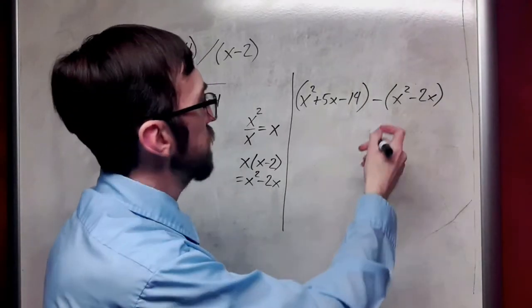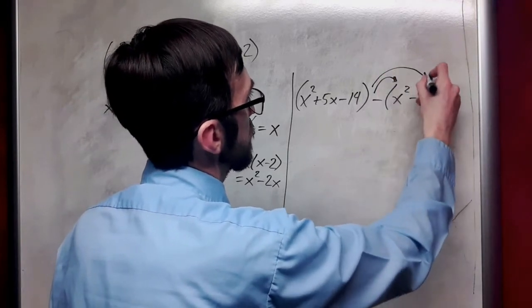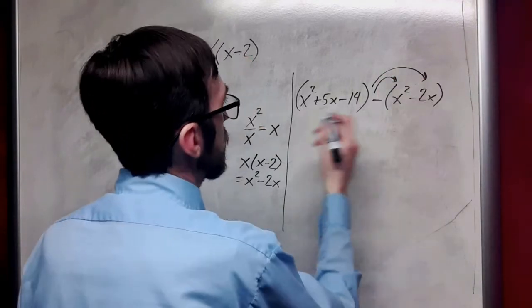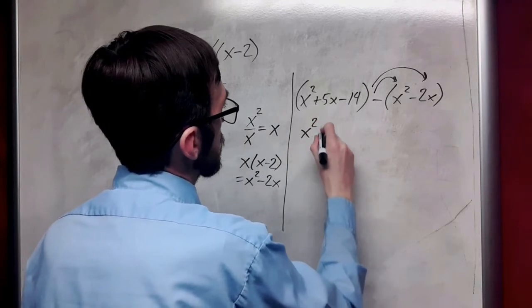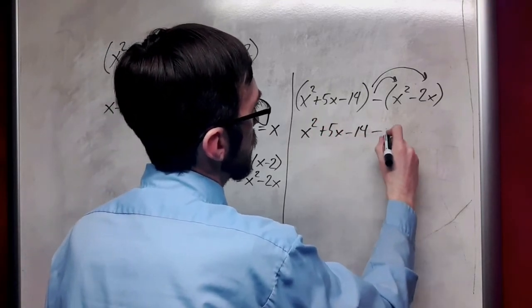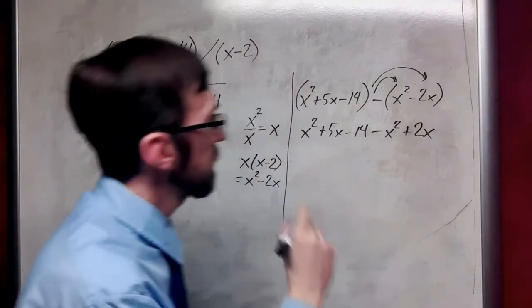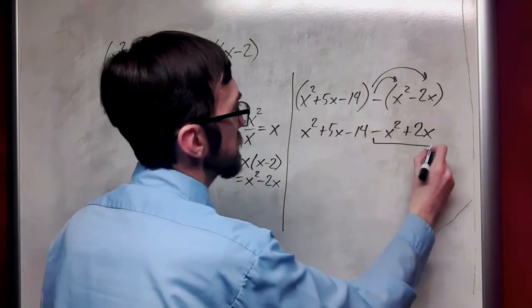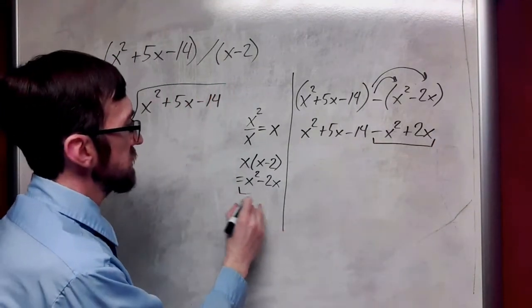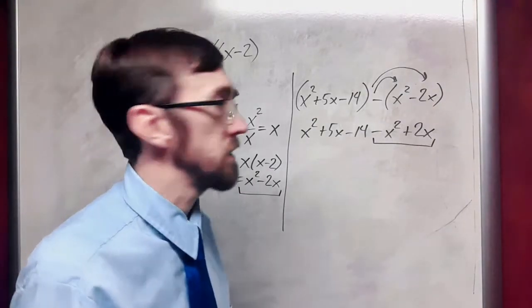When we go to subtract polynomials, we basically are distributing this negative across these terms. So we end up with x squared plus 5x minus 14 minus x squared plus 2x. Notice this piece here is this here with sign changes in every position.